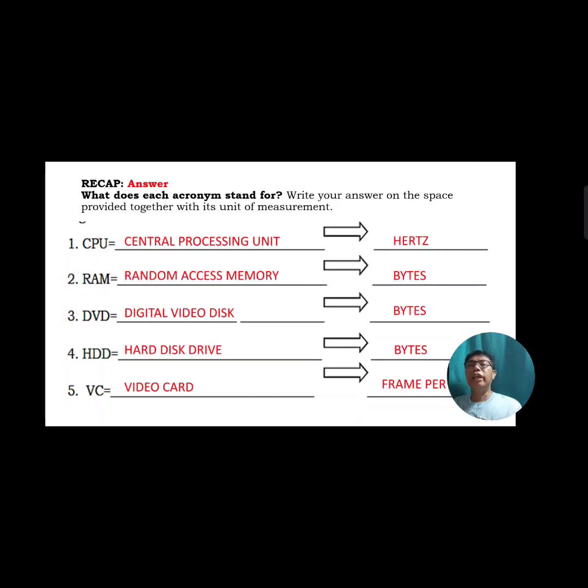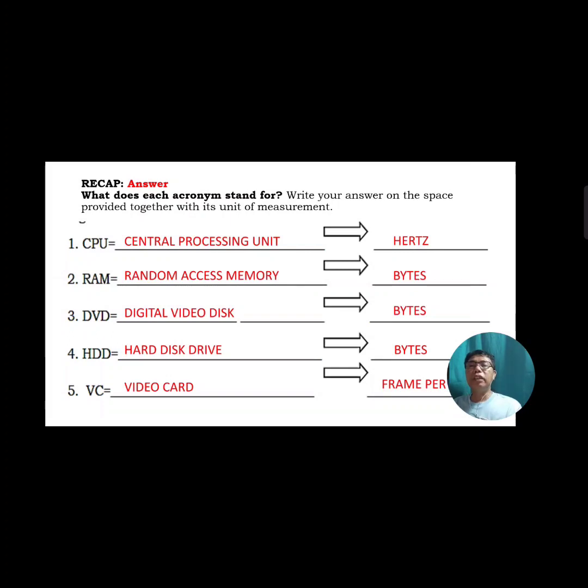Okay, for the answer of the recap of the previous lesson: number 1, CPU stands for the Central Processing Unit. The unit of measurement is Hertz. Number 2, RAM or the Random Access Memory. The unit of measurement is bytes.